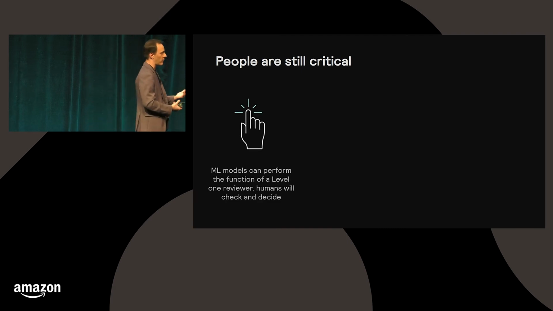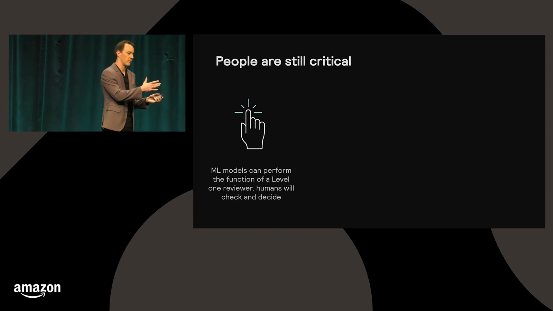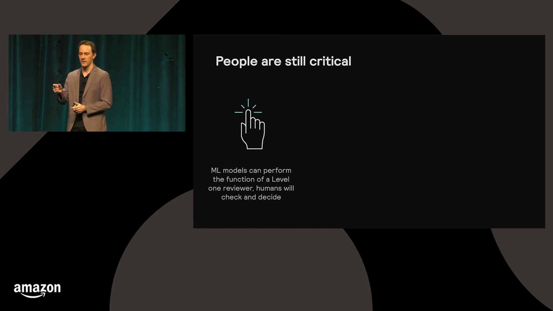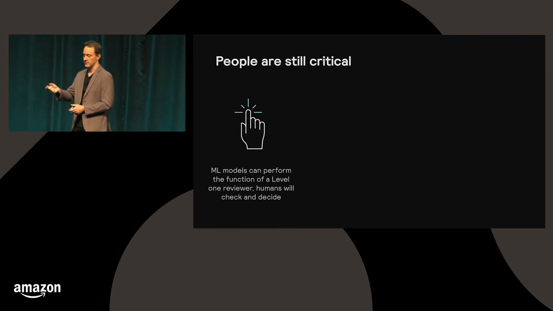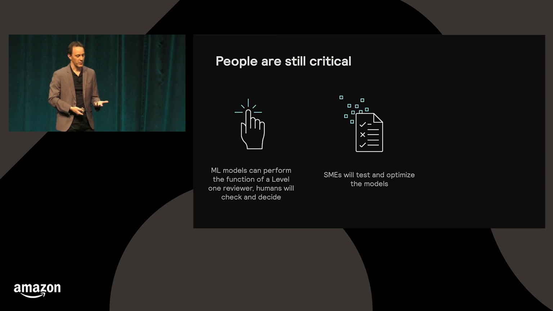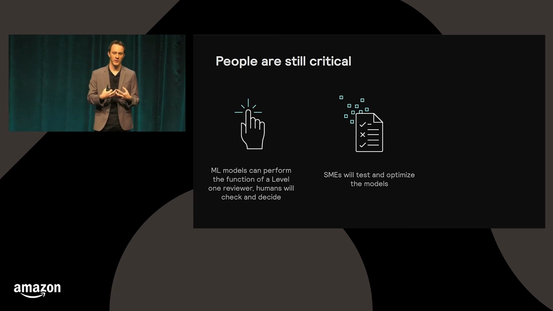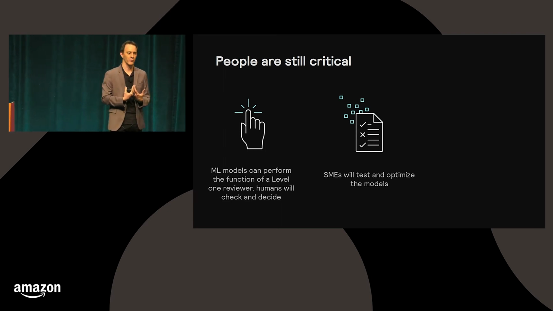So ML models can perform the function of a level 1 reviewer. In this case, humans will be responsible for checking and deciding if those findings and alerts should be forwarded to other teams or not. The SMEs, the subject matter experts, will test and optimize the models, working closely with the data scientists. And this is a sum of knowledge, of course.